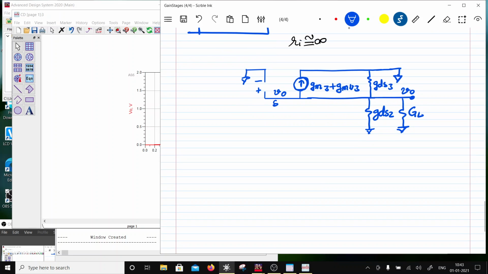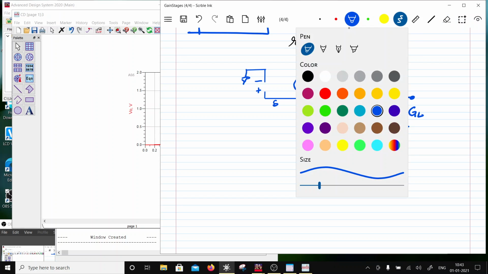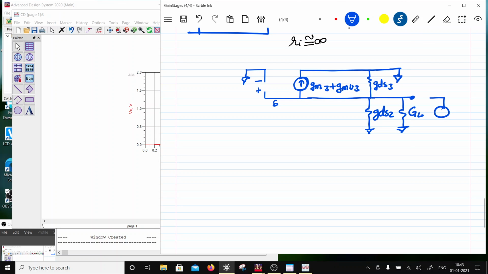So I would have the output node, and on the output I'm going to connect a Vx and force a current Ix, right? So I have a Vx forcing a current Ix into this.